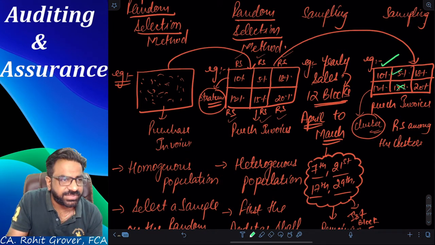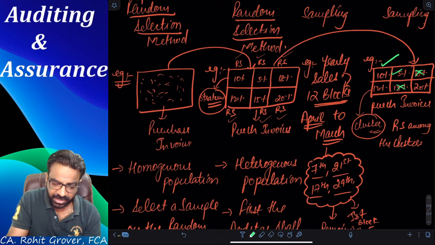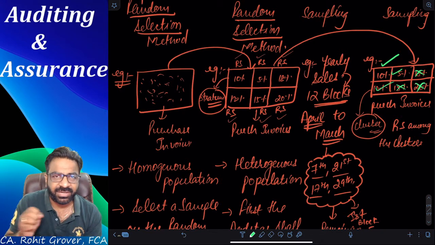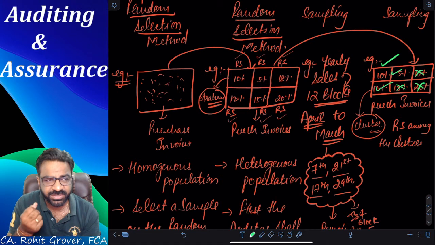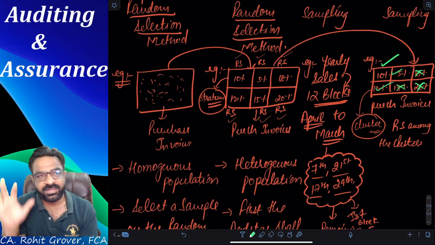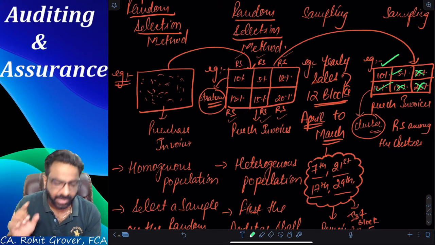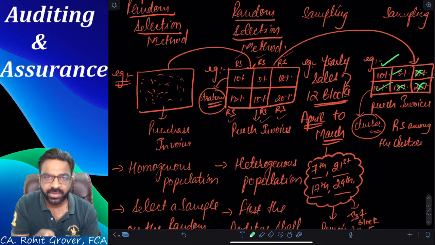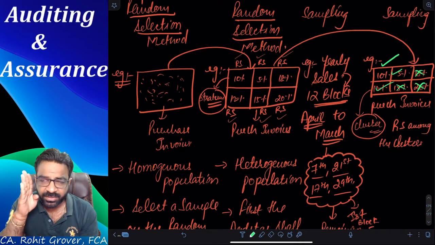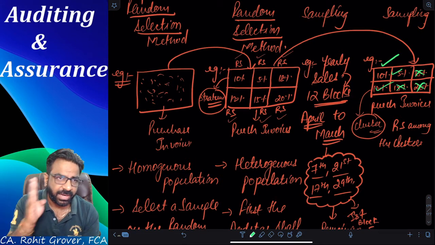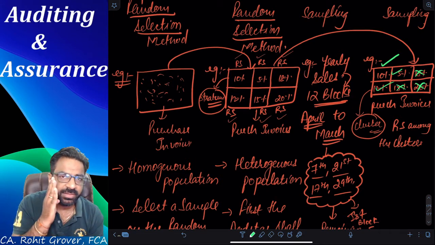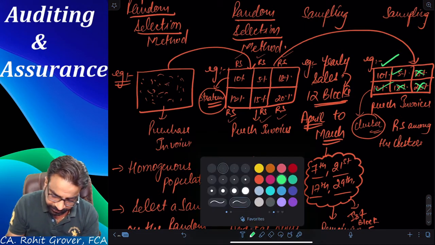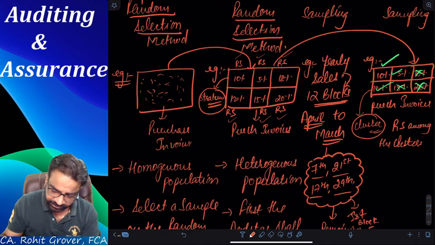Now tell me, did I do random selection from each and every cluster or random selection among the clusters? Among the clusters. So that is the only thin line of difference between cluster sampling and the stratified random selection method, right or not? So let me write it. After that, I'll ask you the difference.